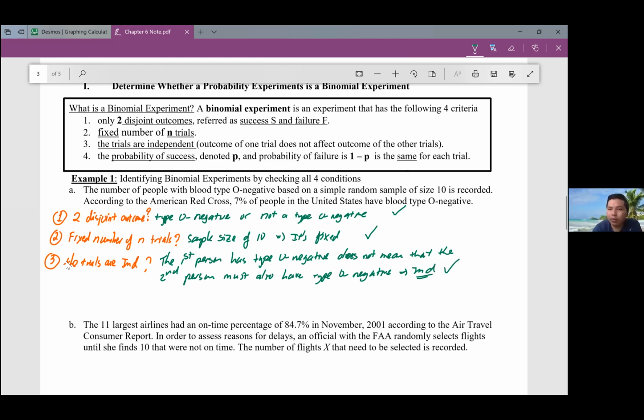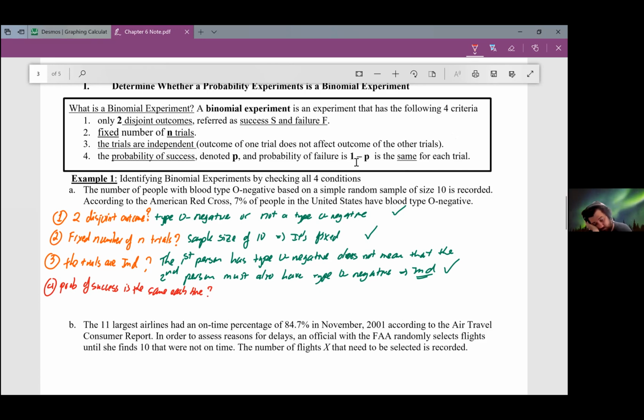And then the last one, number 4: the probability of success is the same each time. Yes or no?